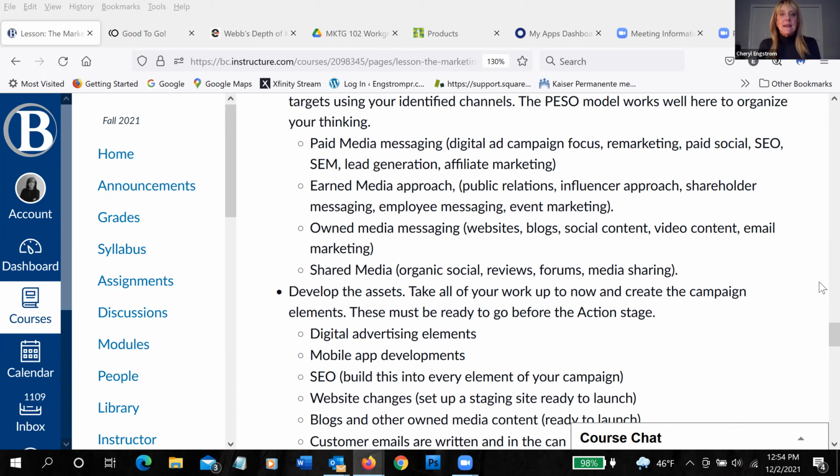I'd like to see, looking at these, at least 4 to 6 tactics that are outlined. And again, I'm not asking you to write the ad. I just want you to say you would like to do, for example, a digital ad campaign.